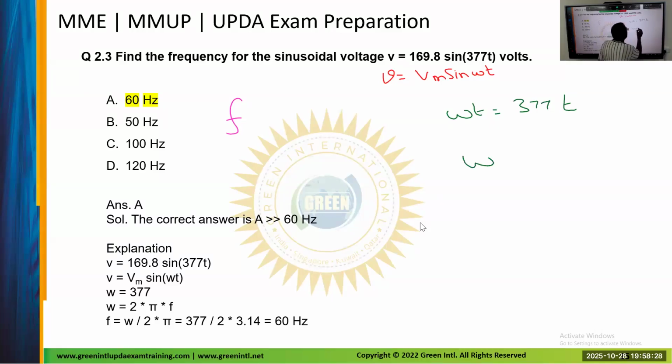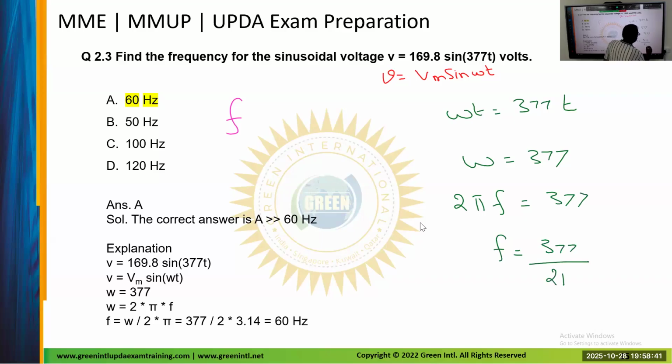So omega is equal to 377. So 2 pi f is equal to 377. So f is equal to 377 divided by 2 pi. That is the frequency. So 377 divided by 2 pi gives 60 hertz.